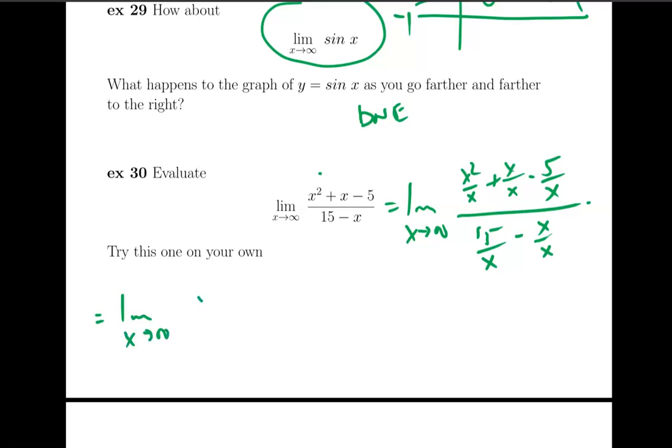And we have an x upstairs plus 1 minus 0, right? Because that goes to 0. And then on the bottom we have a 0 minus 1. And plugging in large values of x, we're going to get a large positive divided by negative 1. So this is actually a large negative. Okay, you've got to be careful with that. That minus 1 makes a difference. If it's plus 1, it would be plus infinity.